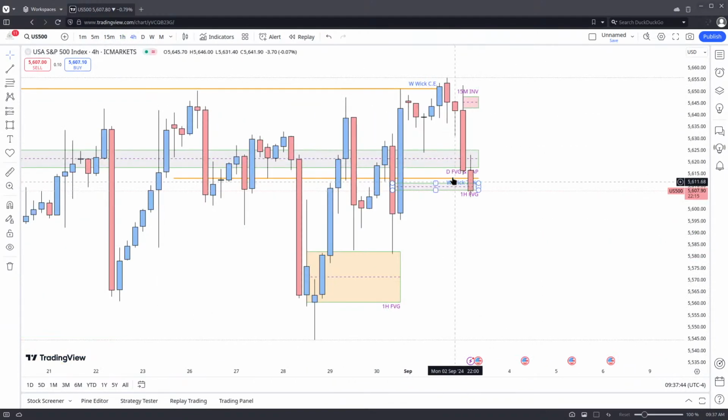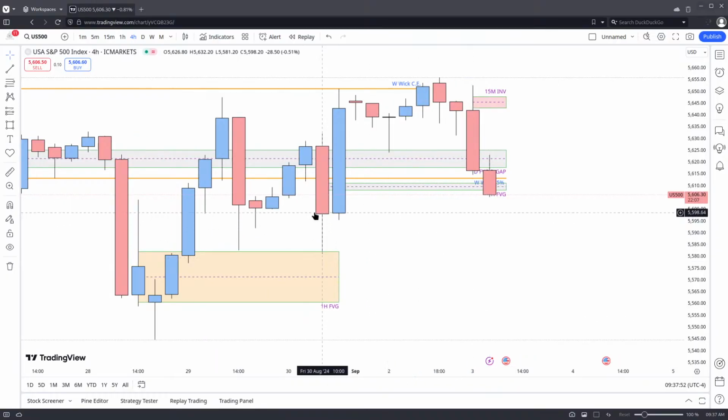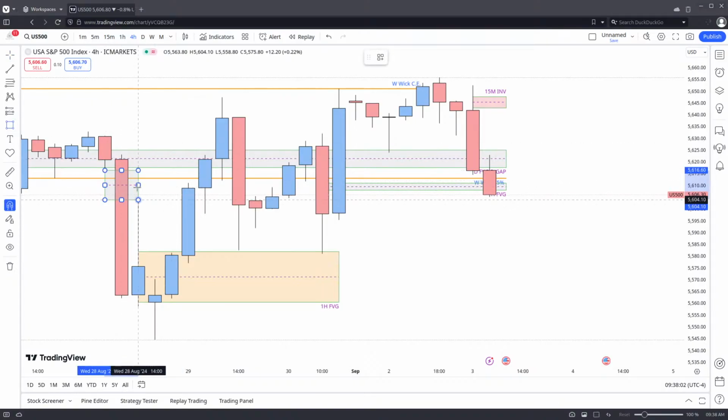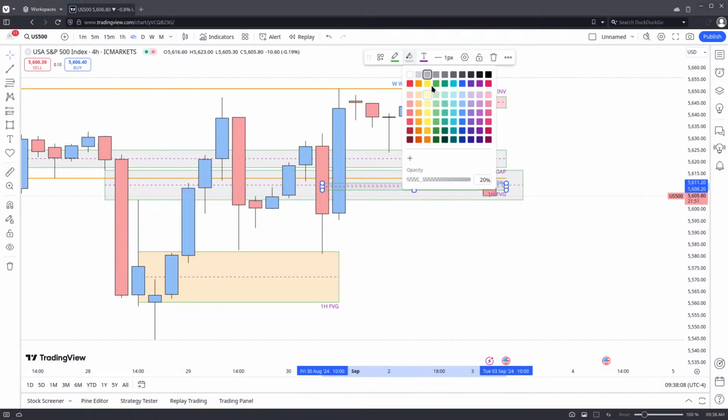Just going to look at a 4 hour and see what the 4 hour is doing. Do have an inversion here. I'm going to look at this and see how deep we've traded into this. I'll just change the color of this. It's going to be messy, unfortunately.